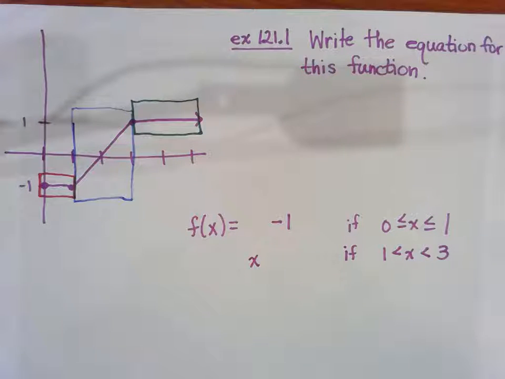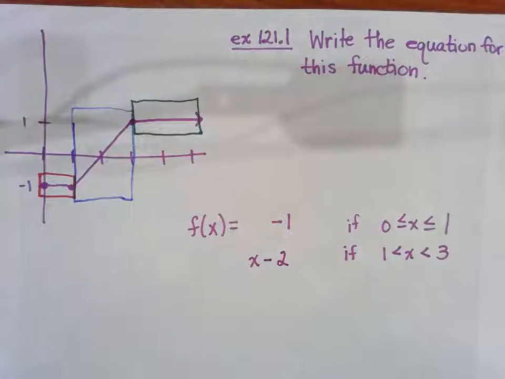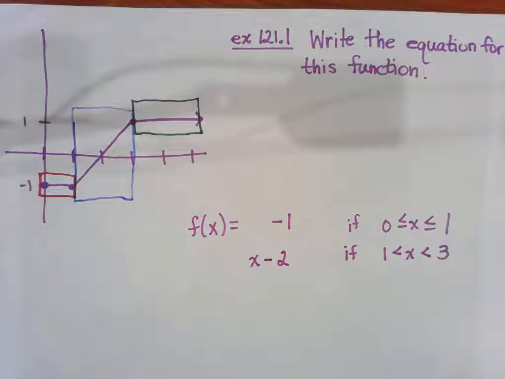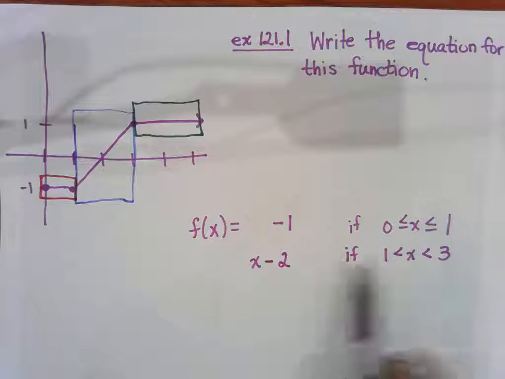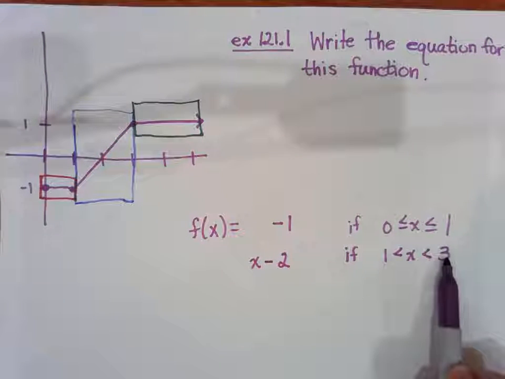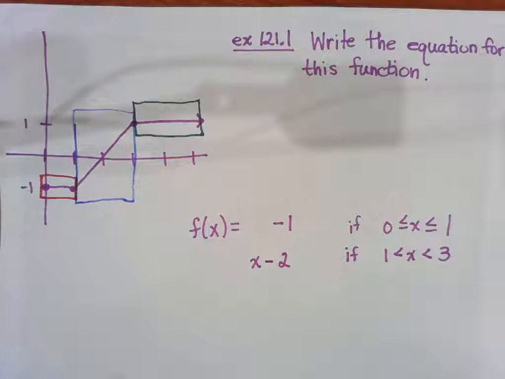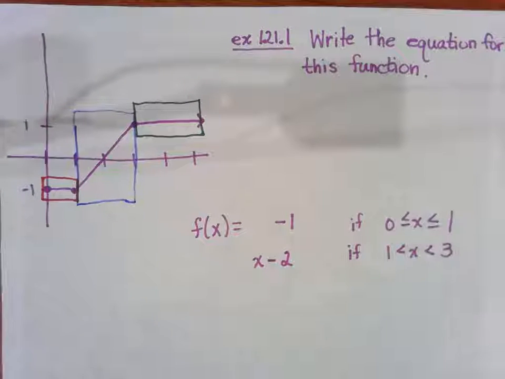It would be at -2, so that line would be x minus 2, so a slope of 1 and a y-intercept of -2. Now we obviously never get the -2. When we put a 1 in there, 1 minus 2 is -1, and that's where it's at. And when we get up to 3, 3 minus 2 is 1, and that's where it's at. Okay, so we only have a portion of it because the domain is restricted to 1 to 3.